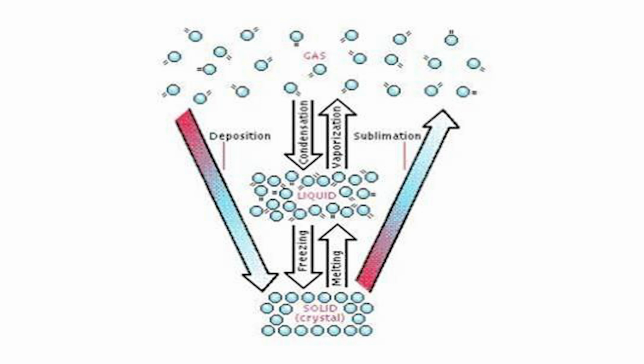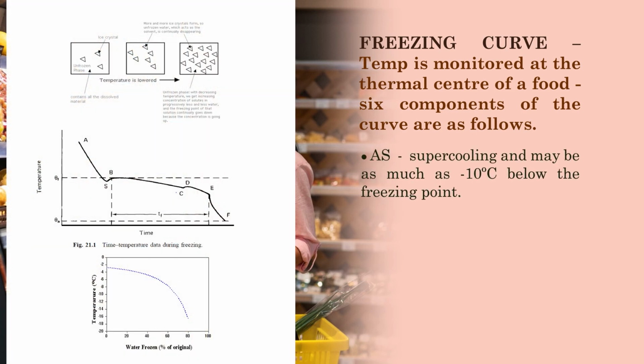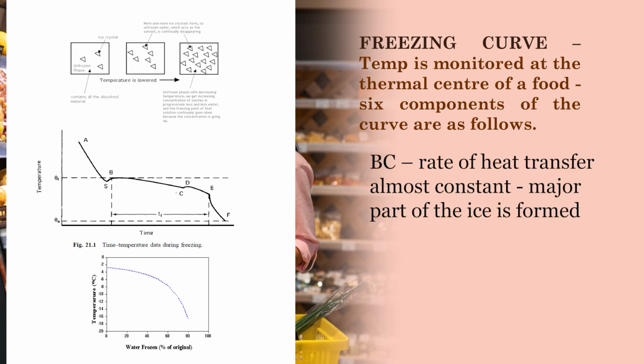Then when it goes sub-zero, there is a state of supercooling, marked as AS. Then a slight increase in the temperature. Thereafter the main freezing starts, particularly if you see B to C, the rate of heat transfer is almost constant and a major part of the ice is being formed.